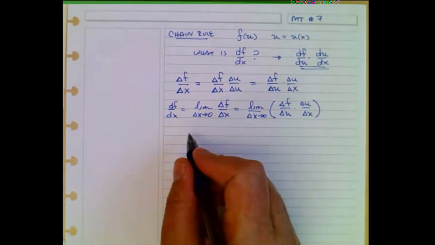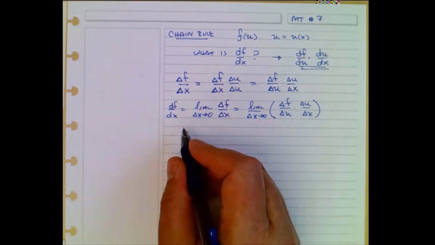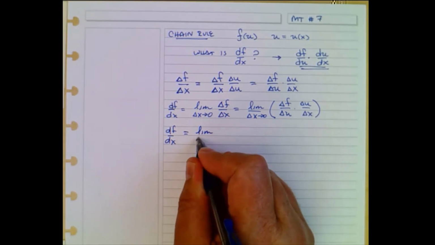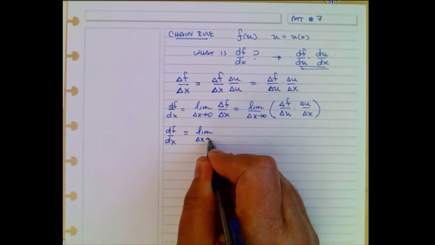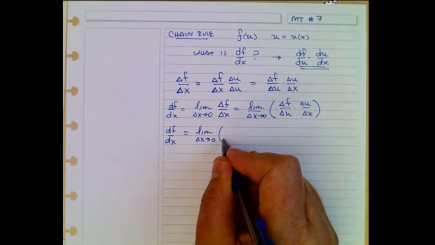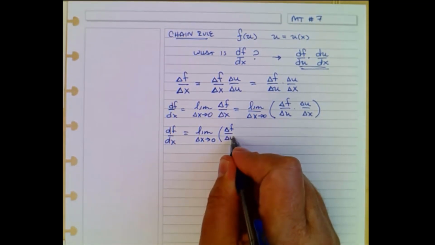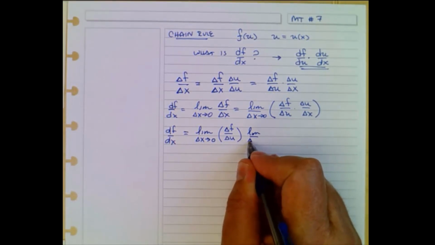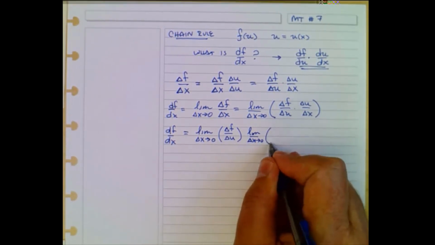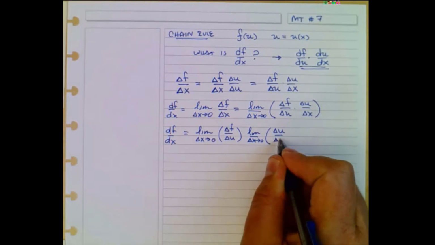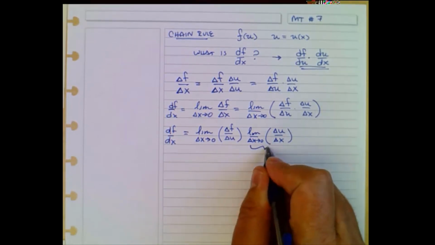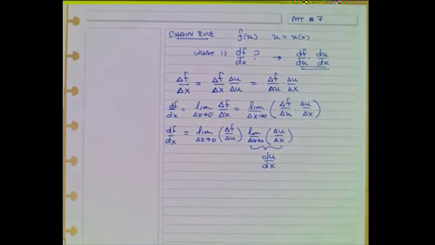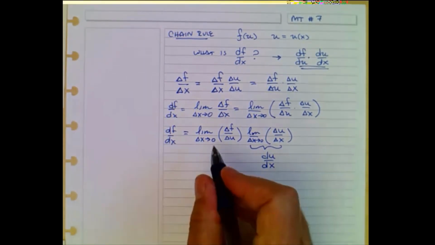The limit of a product is the product of limits. So I can break this into two pieces: the limit as delta x goes to 0 of delta f over delta u times the limit as delta x goes to 0 of delta u divided by delta x. This part easily is seen to be du dx. That's the definition of du dx.